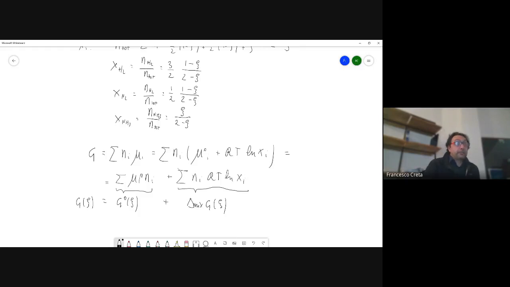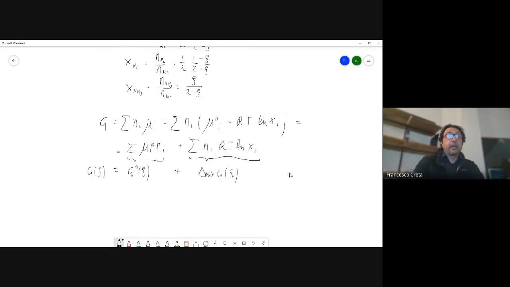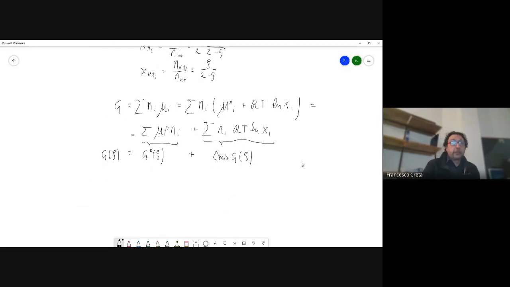Then I mix them, and this is the change of G. The sum is what your Gibbs energy is, in general. And all of this is a function of how far to the right or to the left I'm shifting the composition in the chemical reaction. Okay, so really nothing special.